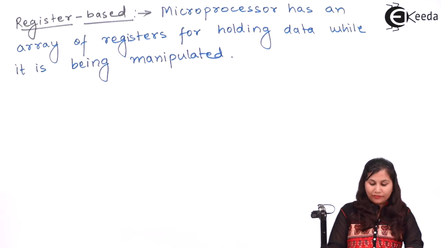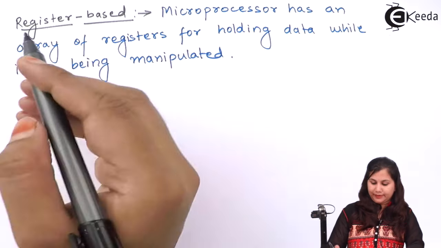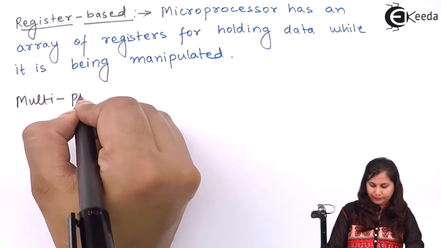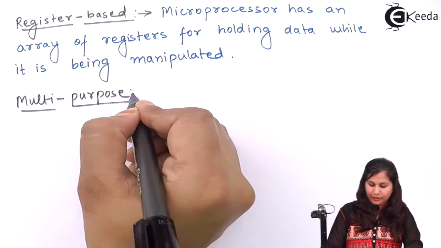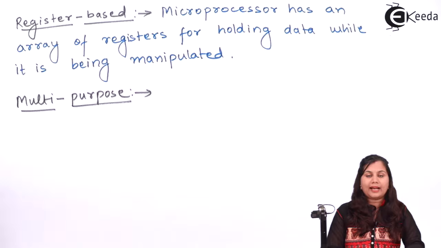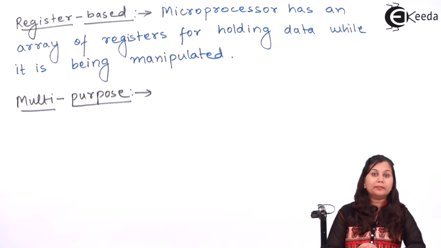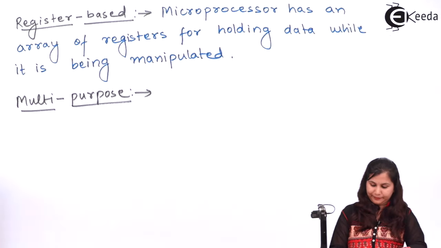Now we have the term multipurpose. Multipurpose means that the microprocessor can be used in different types of applications. That is why it is called a multipurpose device.